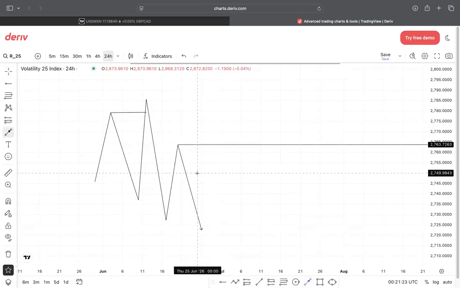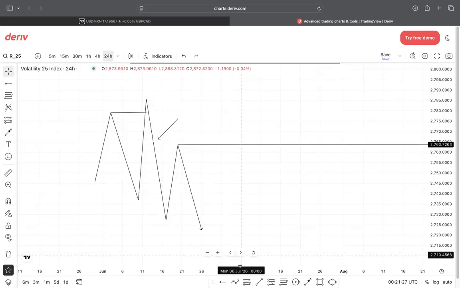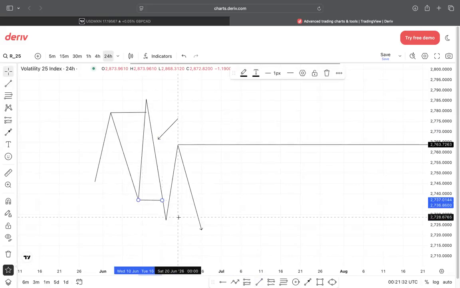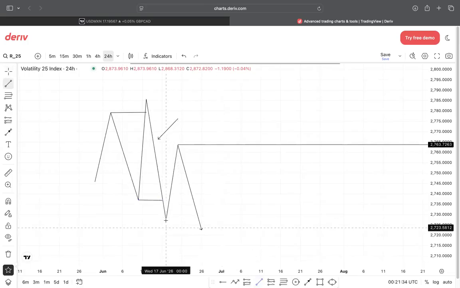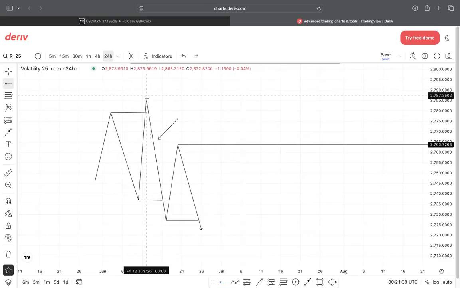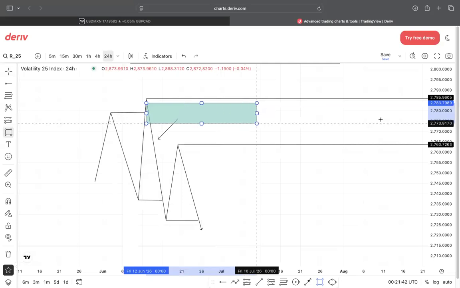These are transactional liquidity. Here is our first break of structure to the downside, then this is our second break of structure, so we have this here, and then here becomes our POI.